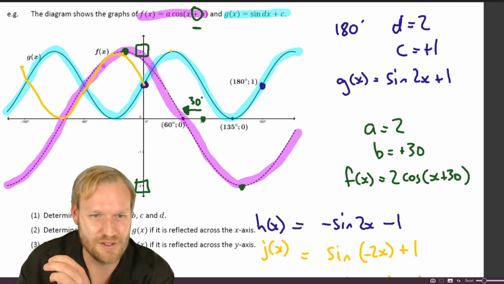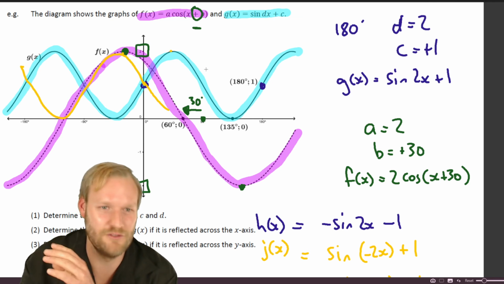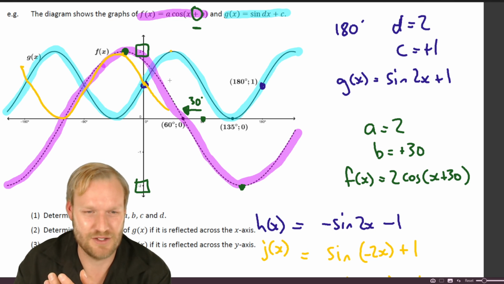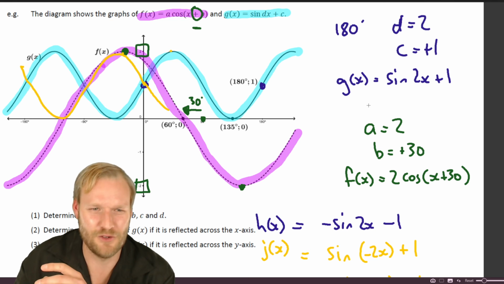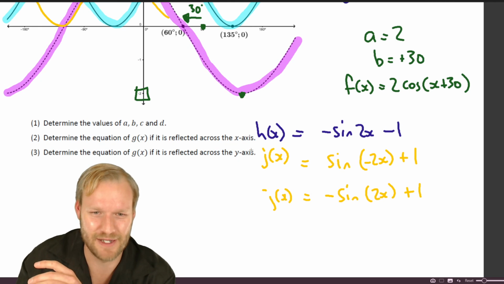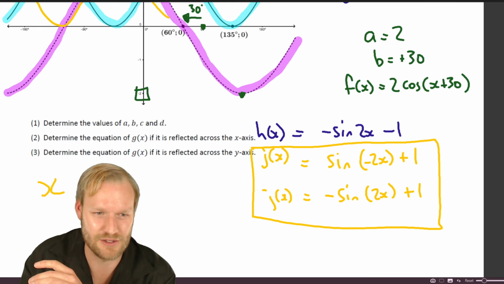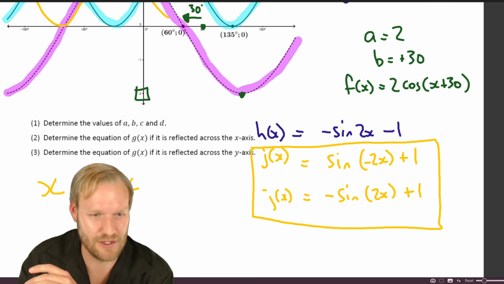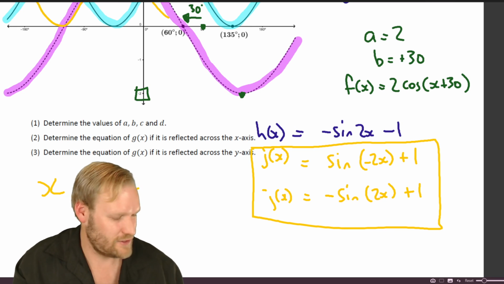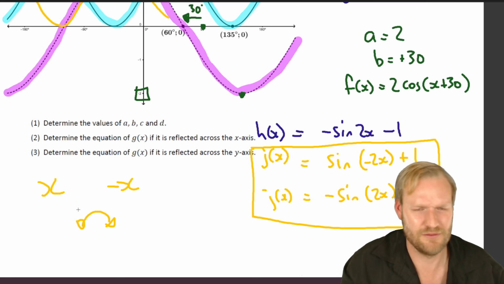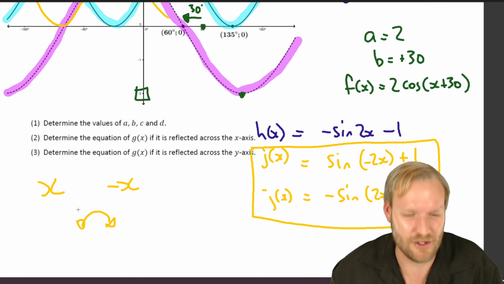You can see why I said this is probably not the recommended way to do it. You could draw that reflection and then try and make sense of it. So no, let's go for option 1. Definitely seemed like the better one. And that is, we change all the x's to negative x's because that's going to reflect our graph. And that's how you can do it with any function, so why not do it here?